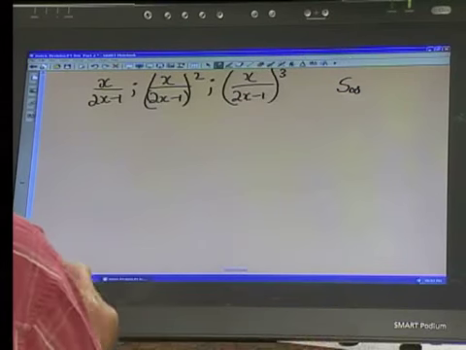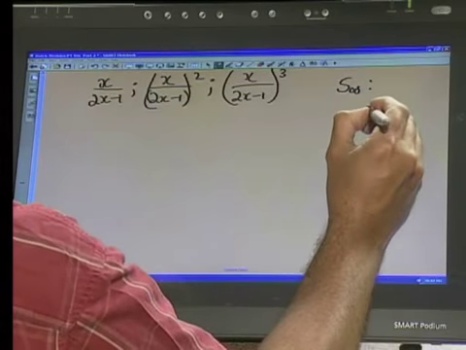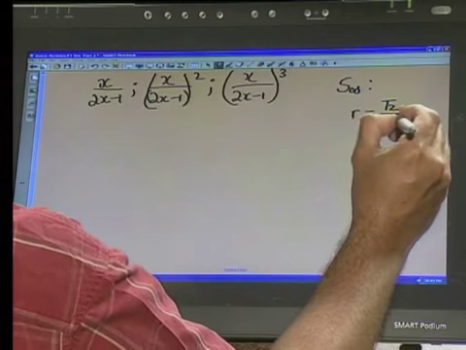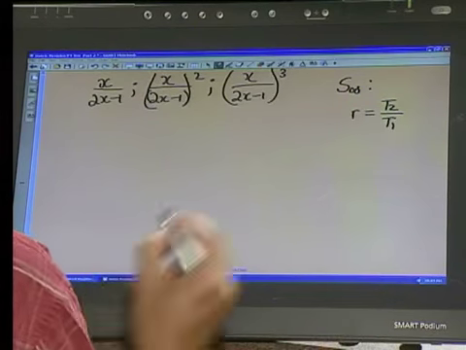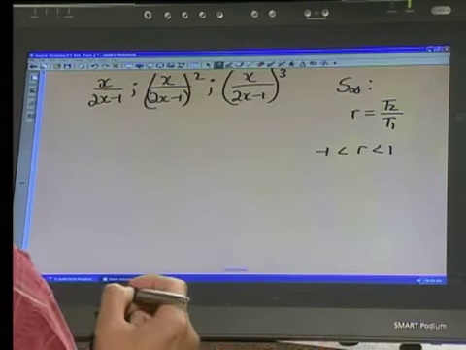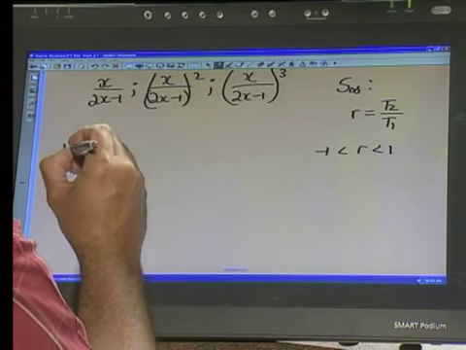You're 100% correct there. The constant ratio must be between -1 and 1. That's what I wanted to hear, Billy. Well done. So for this to exist, our constant ratio, which we find by saying term 2 over term 1, must lie between 1 and -1. Perfect.